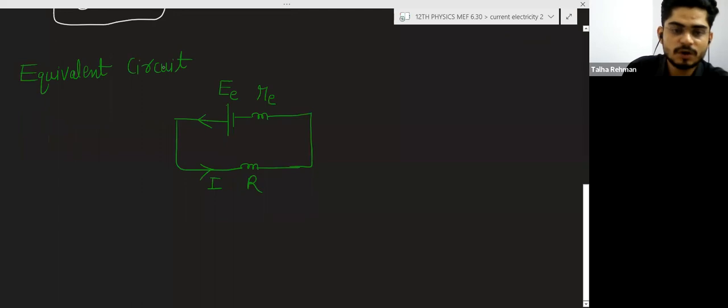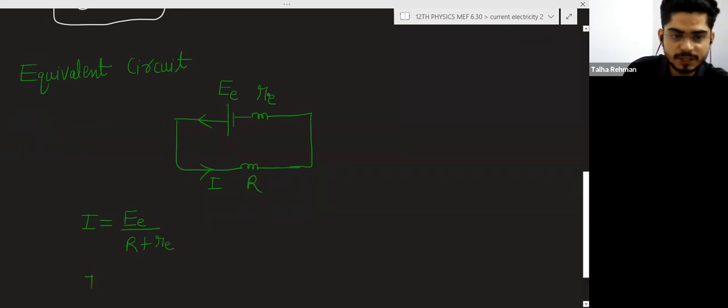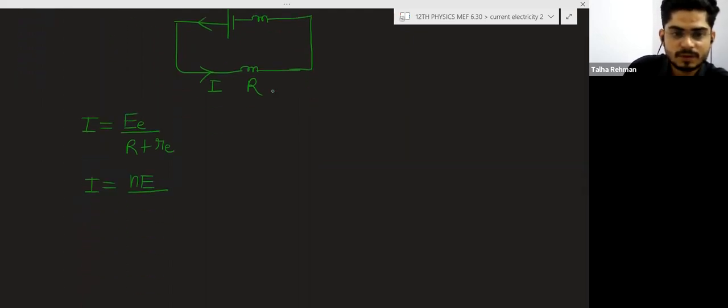Current is always equivalent EMF divided by the equivalent resistance, and the equivalent resistance here is R plus r_e. E_e is nE, divided by R plus nr.